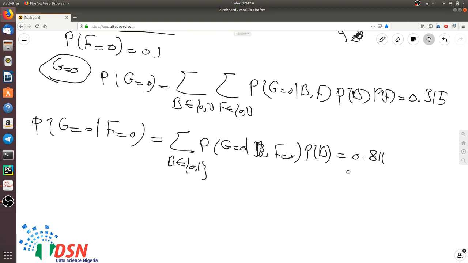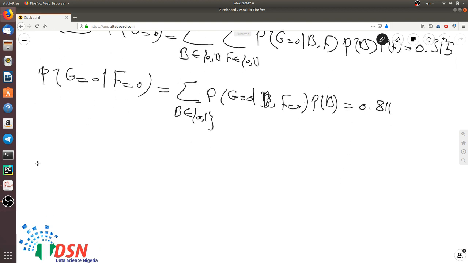Okay, now we want to know the probability that the fuel tank is empty, given that we have read the gauge shows the fuel tank is empty.